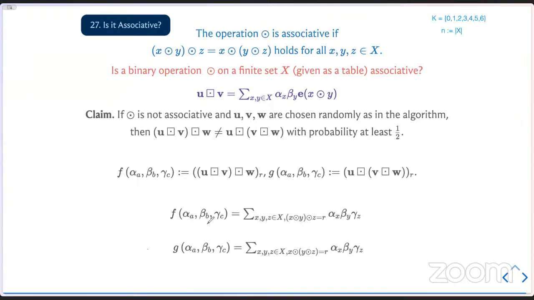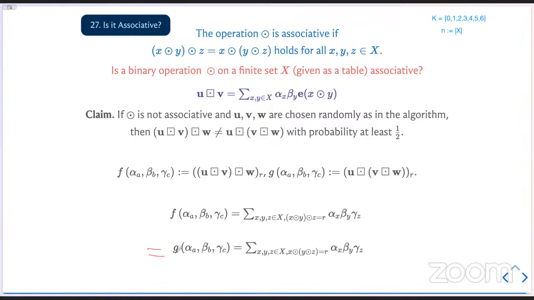the bad event for us, the thing that we would worry about, is these guys collapsing to being the same, because we want to claim that this rth index was different for these with decent probability. So what can we say about that not being the case? That would be that these guys are equal.